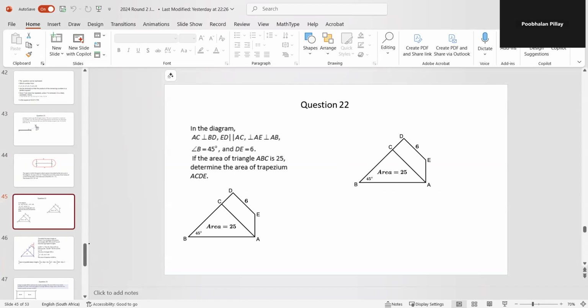In the diagram, AC is perpendicular to BD. Oh, this is AC. AC is perpendicular to BD, right?